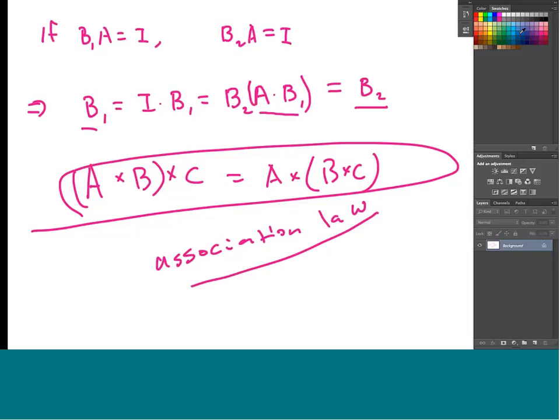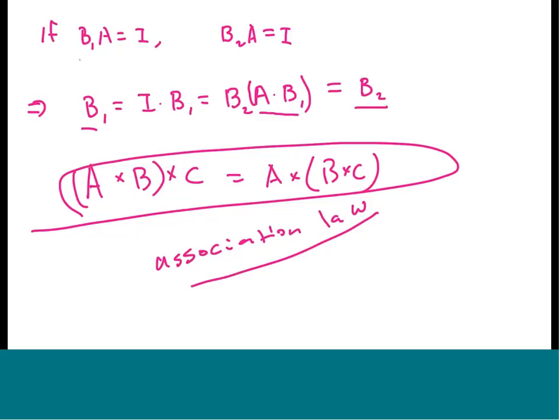Previously, if B1 times A equals I and B2 times A equals I, then B1 equals B2, just because of this. So B1 is B1 times I. Then you substitute I by B2 times A. Then you regroup A and B1.